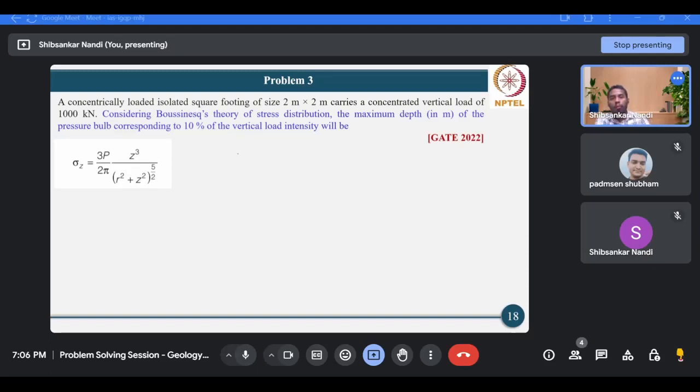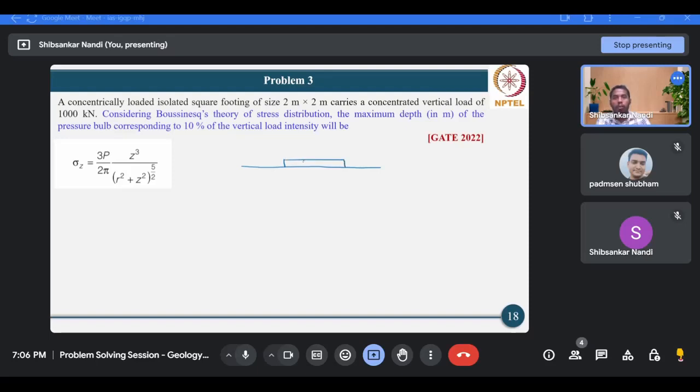First we have to discuss what is pressure bulb. So if we consider this is the ground surface and this is the square footing or any footing.